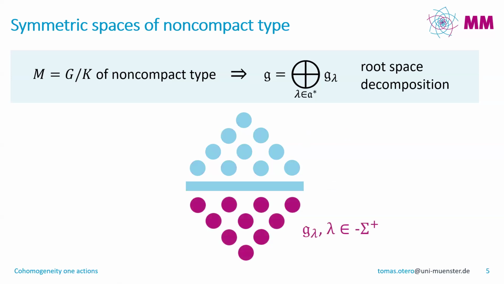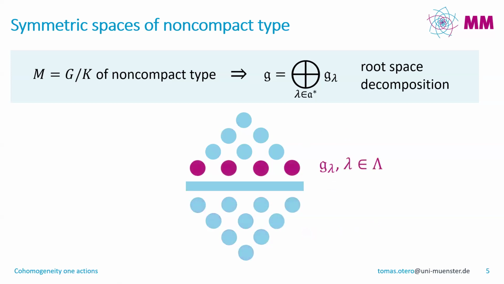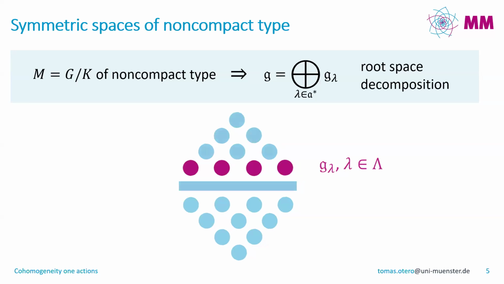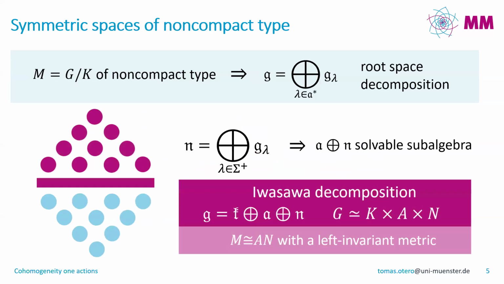The ones below are the root spaces G lambda where lambda is a negative root. And the points closest to the line above are precisely the simple roots. In this way, if we take a bracket of a vector in some root space with a vector in a positive root space, we go up the drawing, and if it's negative, we go down, by these properties of the bracket.